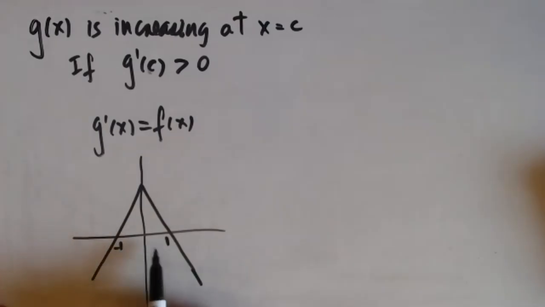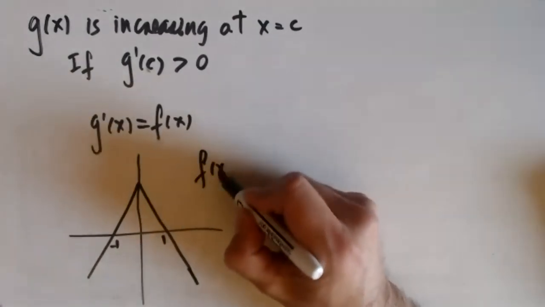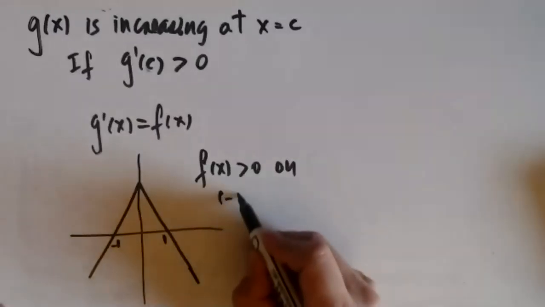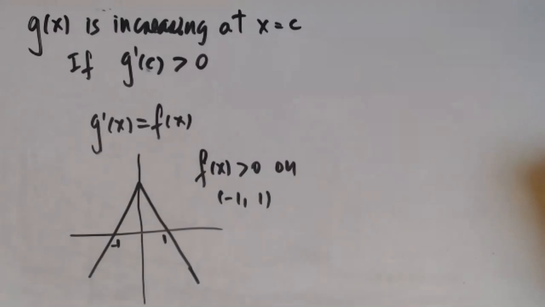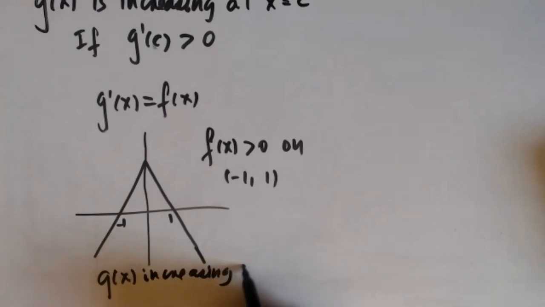So f of x is positive on what interval? Negative 1 to 1, correct? Then g of x is increasing on -1 to 1, correct?